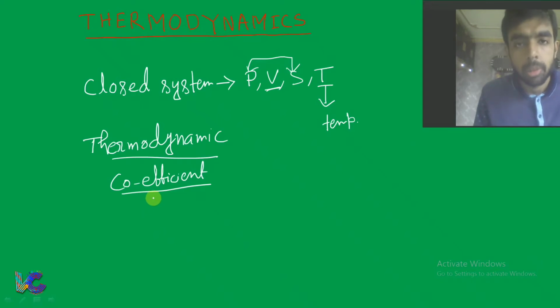From thermodynamic coefficient, what can be known? On changing one variable, what will be the effect of change on the other variable if the other variables are kept constant?